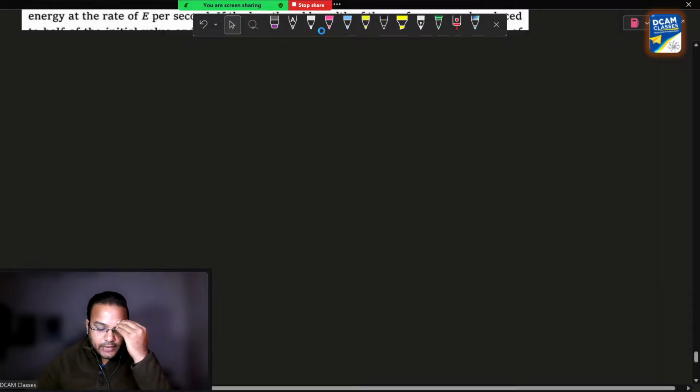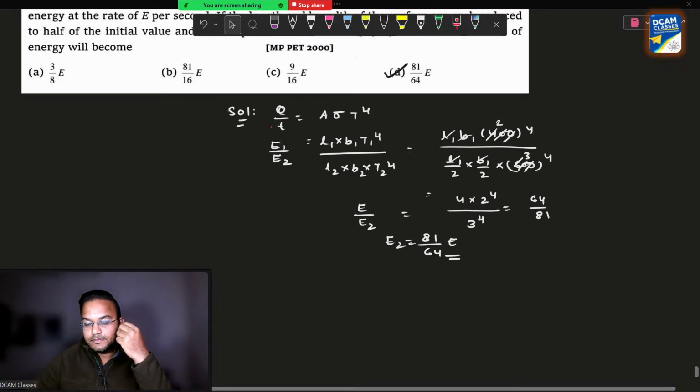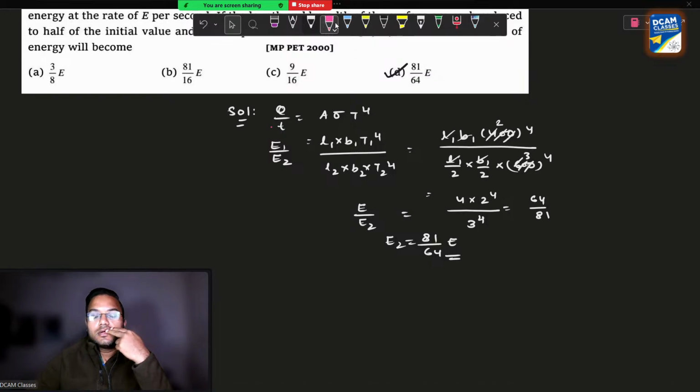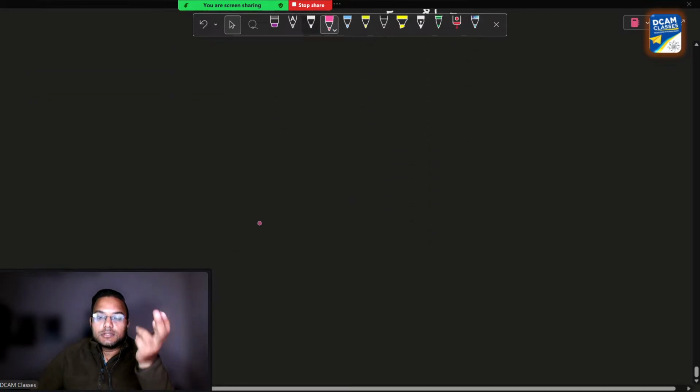It's actually derived from this only, the heat loss due to radiation, no? From that only it is derived.